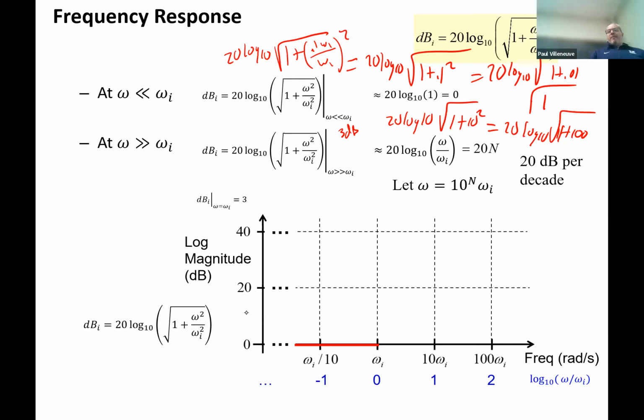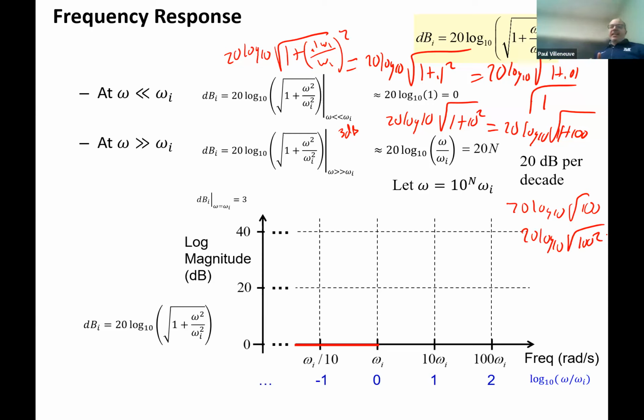The last thing I have to mention is the concept of a decade. For every factor of 10, because we said this is close enough to say 20 log 10 of 100, the square root of 100 is 20 log 10 of 10. But if we go 20 log 10 of 100 squared, there's a difference of 20 in between there.